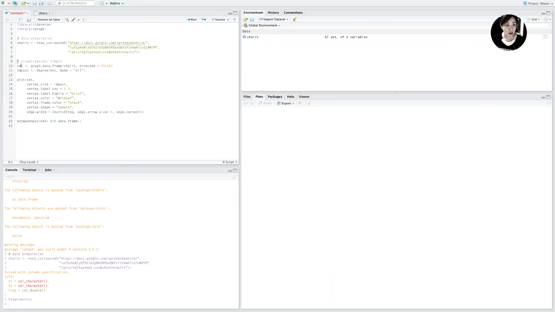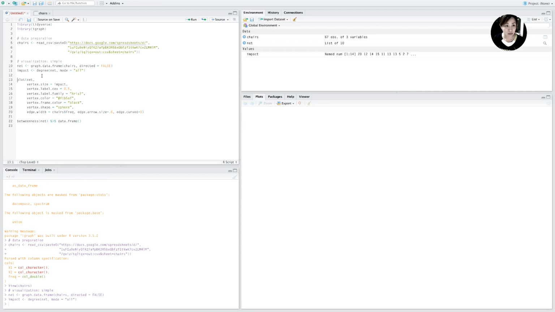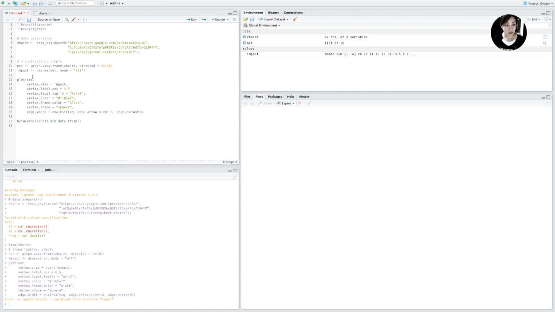Let's go back to here. It's simple. You create a net, and then you declare the degree as the impact, and then the vertex size, so the node size, is in proportion to the impact. As you see here, the impacts are the numbers. Then we draw the plot.